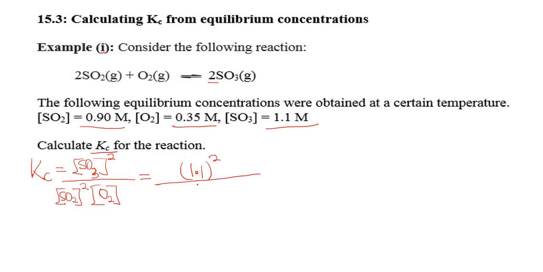Down here, instead of sulfur dioxide, we have 0.9, also squared. And for oxygen, we have 0.35.